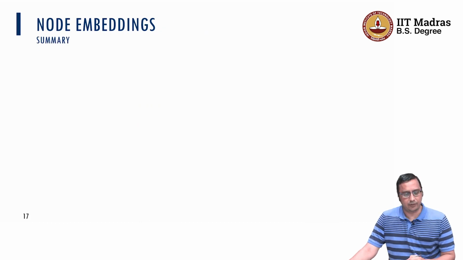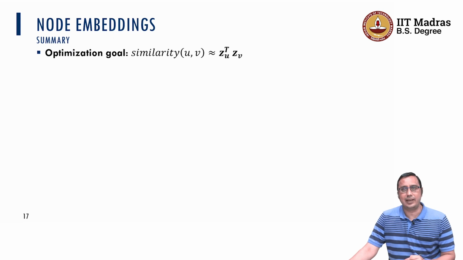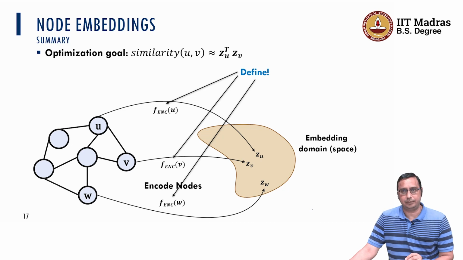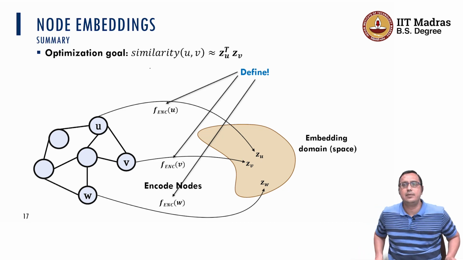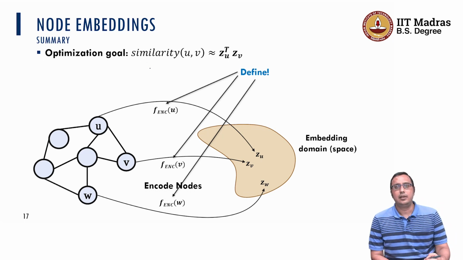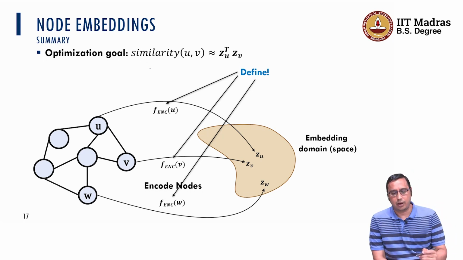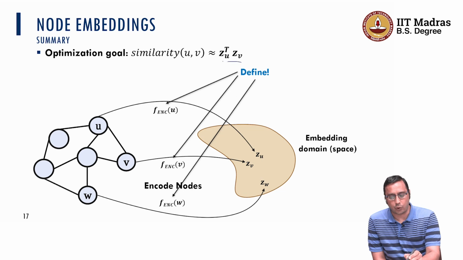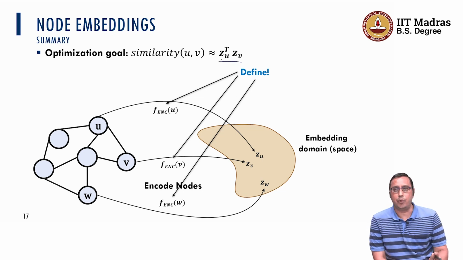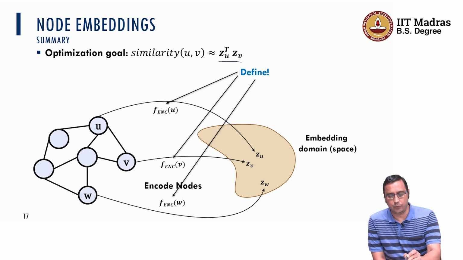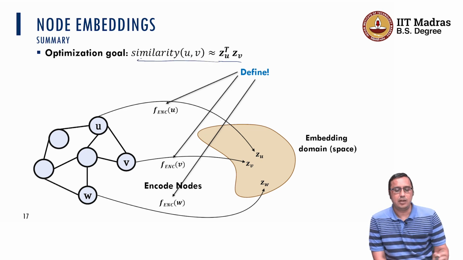So let me summarize. The objective here is to come up with the embedding such that the similarity between u and v in the graph is approximately similar to the reconstructed similarity using the embeddings of those two nodes, which here you can see: z_u transpose z_v should be similar to the similarity matrix.